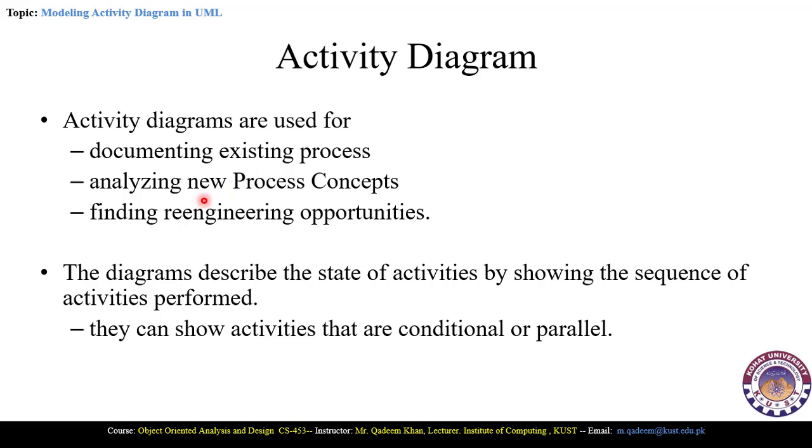Also, activity diagrams are used to analyze new process concepts. It means that when we want to analyze the process concepts, what the different components of the process are and how they perform certain actions or events, then the activity diagram is used to provide the analysis of that particular process, and that process can be represented in the form of the activity diagram, which can be purified later on by the experts. Also, the activity diagram is used for finding re-engineering opportunities.